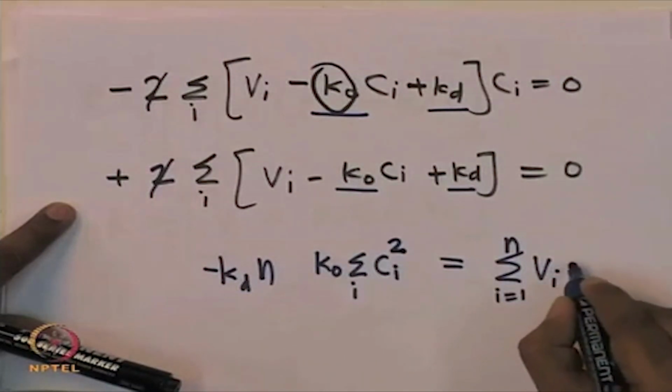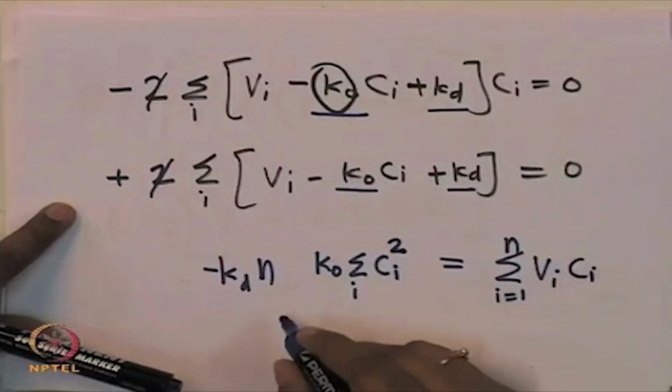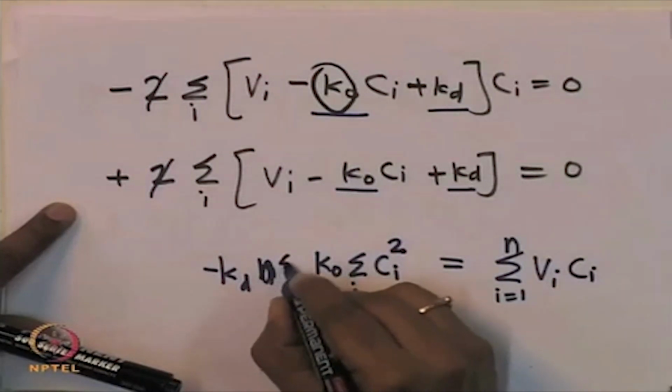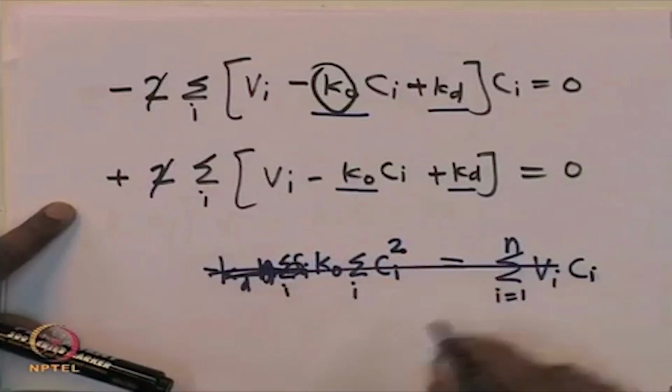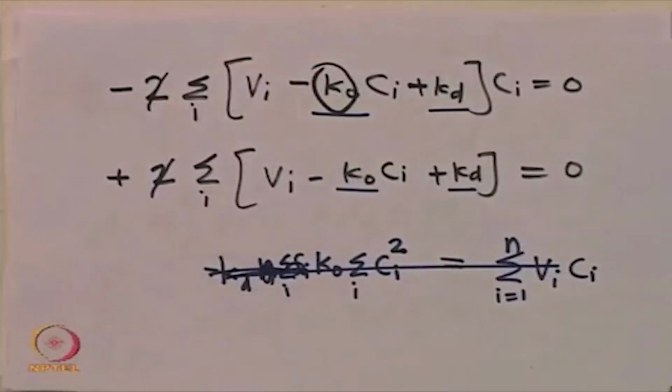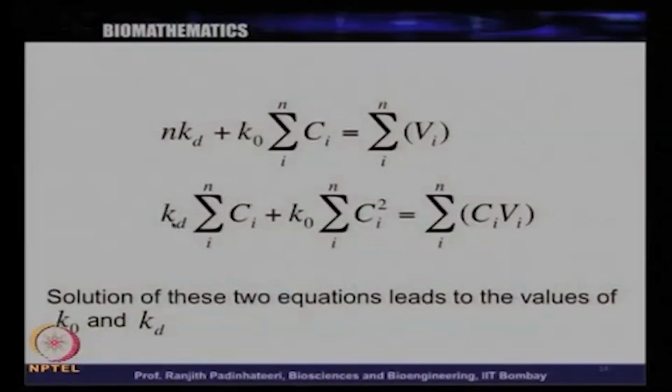So essentially you get V I C I here, and sum over I C I here. Essentially what you get is this particular equation: K D into sum over I C I plus K 0 sum over I C I square equals sum over I C I V I, and n K D plus K 0 sum over I C I equals sum over I V I.